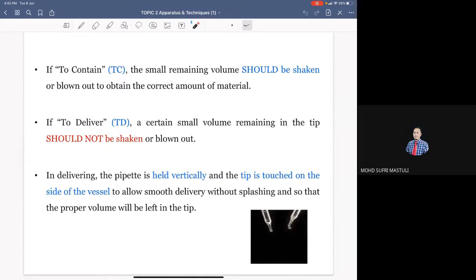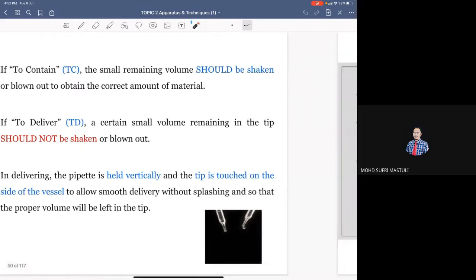In delivering, the pipette should be held vertically and the tip touched on the side of the vessel to allow smooth delivery without splashing and a proper volume left in the tip.